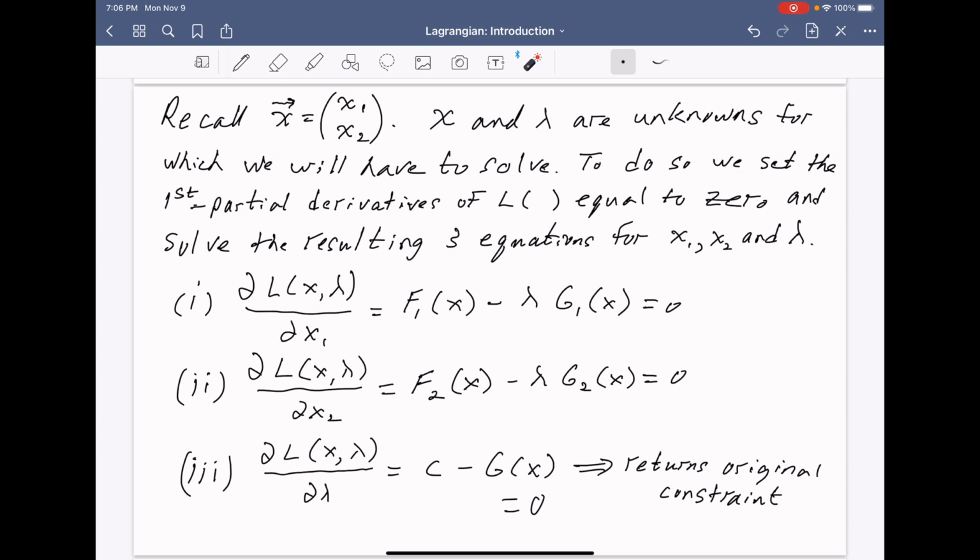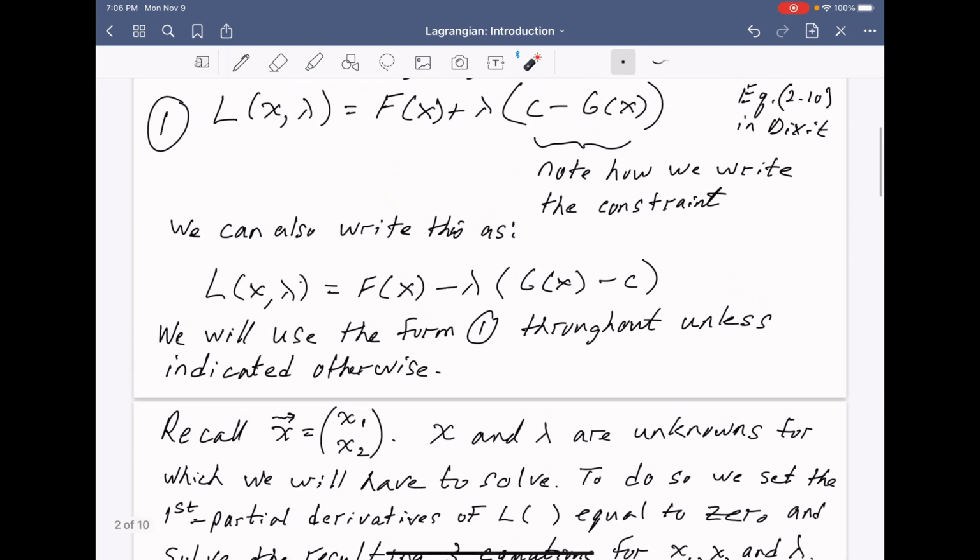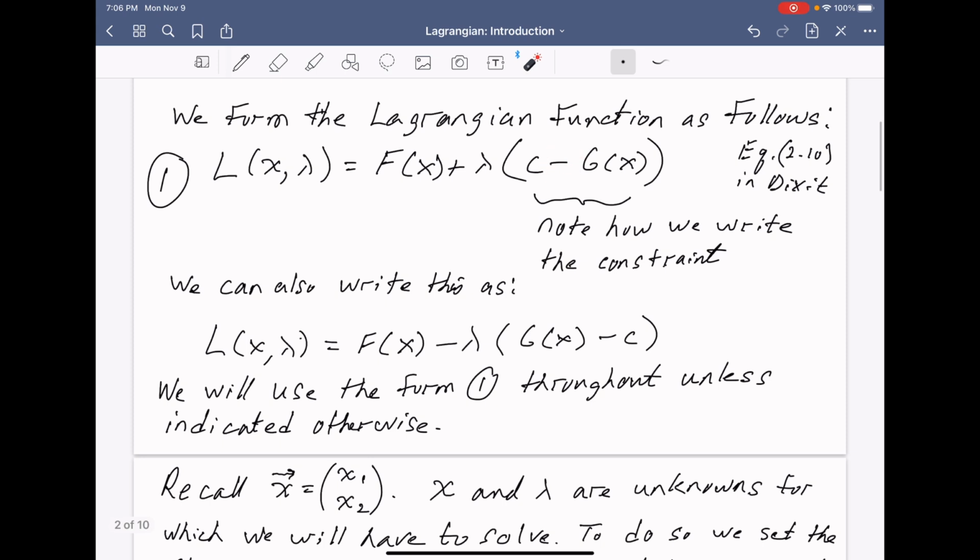We do exactly the same thing for x2, so we get the partial of the Lagrangian with respect to x2. This is the partial of the objective function with respect to x2, and the partial of the constraint function with respect to x2 multiplied by lambda. And notice that there's that negative in front of each, and the reason for that is the way we wrote this negative here.